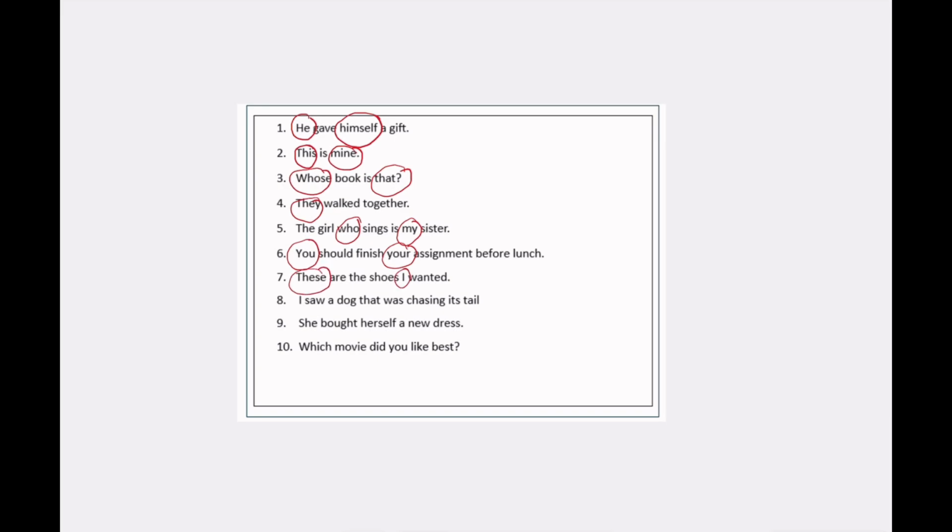I saw a dog that was chasing its tail. I, personal. That, relative. Its, possessive. She bought herself a new dress. She, personal. Herself, reflexive. Which movie did you like best? Which, interrogative. You, personal.